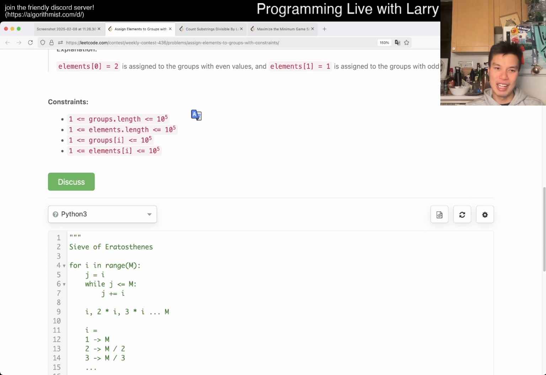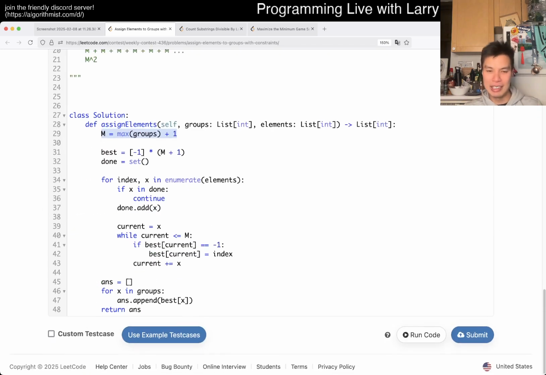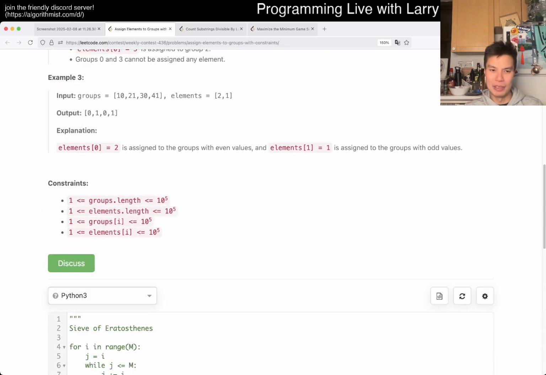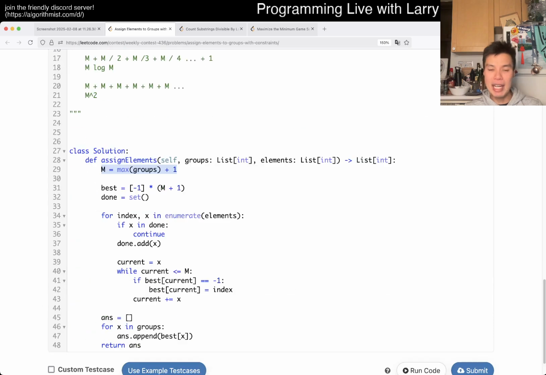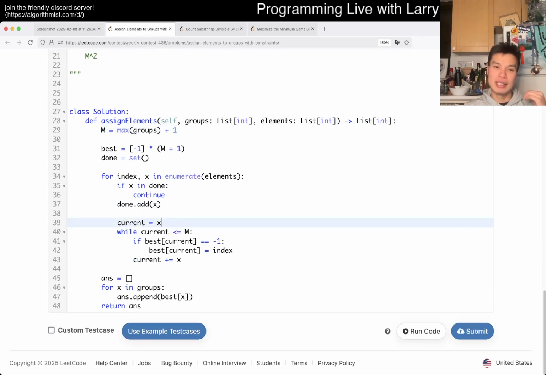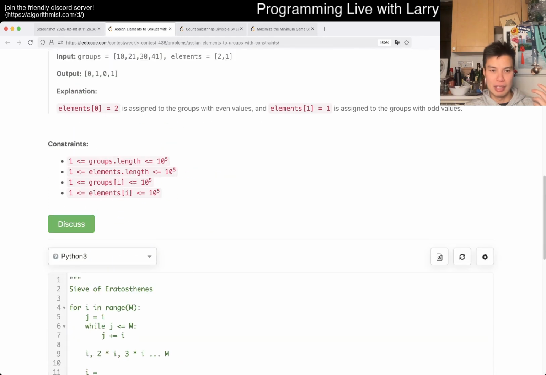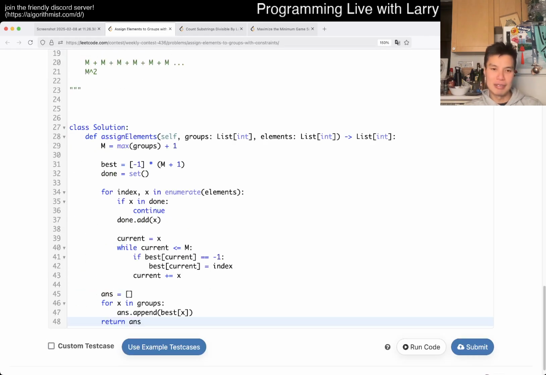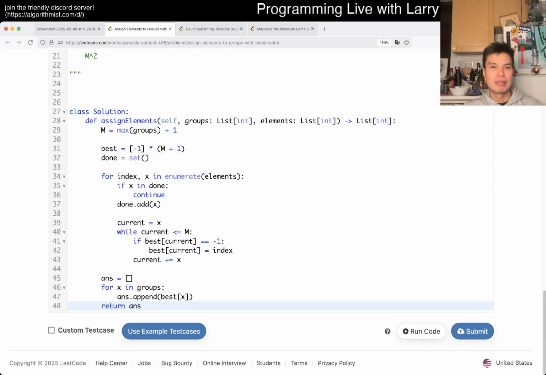Elements matter as well, but that part is not as important as the groups part. So it's M log M, where M is at most 100,000, right? So that's all I have for this one.